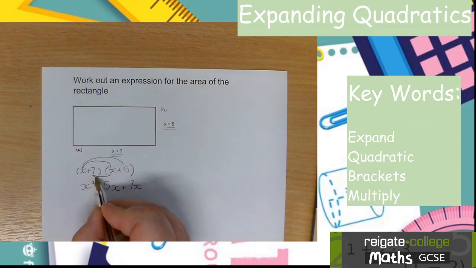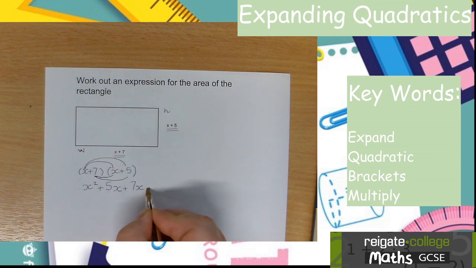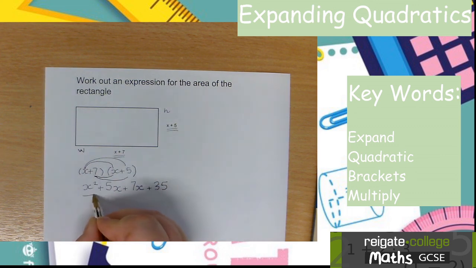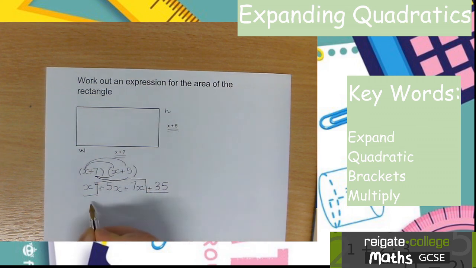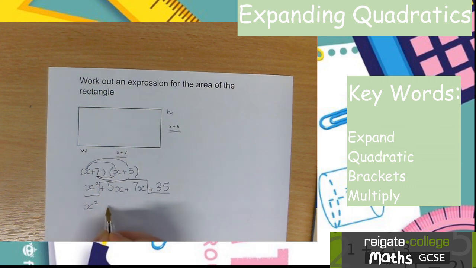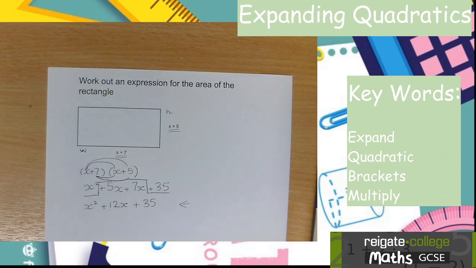And finally, 7 times 5 gives me 35. Simplifying now means I have x squared plus 12x plus 35. This is my expression for the area of the rectangle.